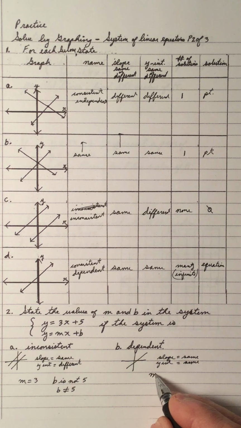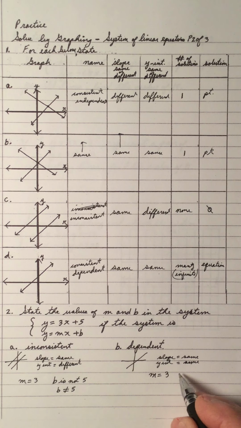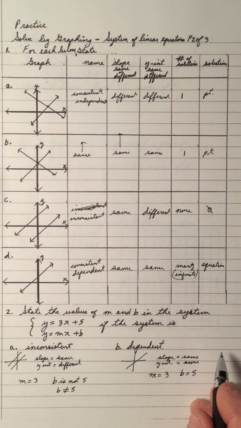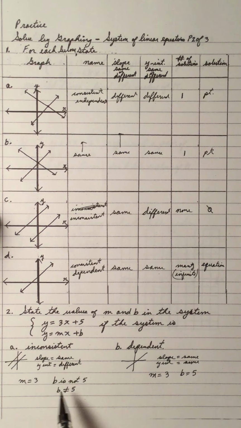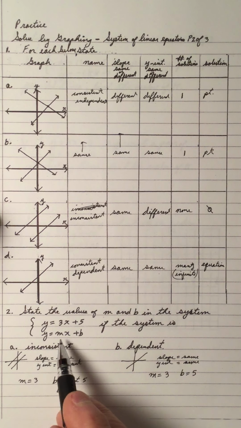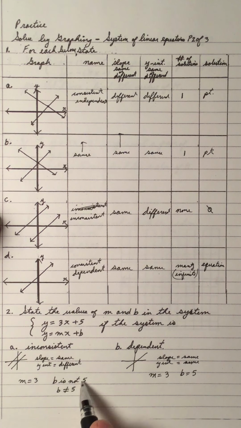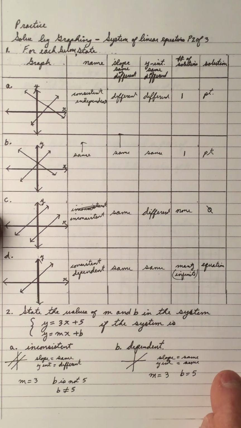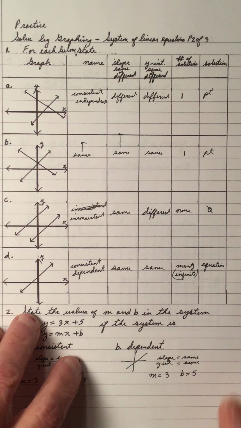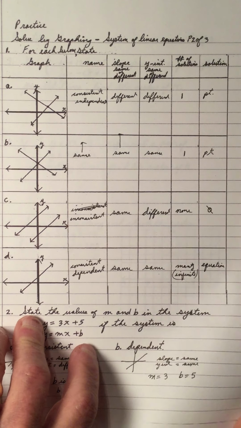So m has to be 3 and b has to be 5 in order for it to be a dependent system. You make the two of these the same to be the same line to be a dependent system. But look at this terminology. b is not 5. Mathematically, we say b is not equal to 5. When b is not equal to 5, it can be any number but 5. Let's continue.